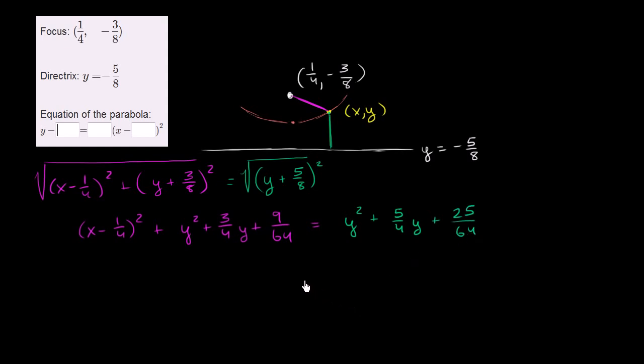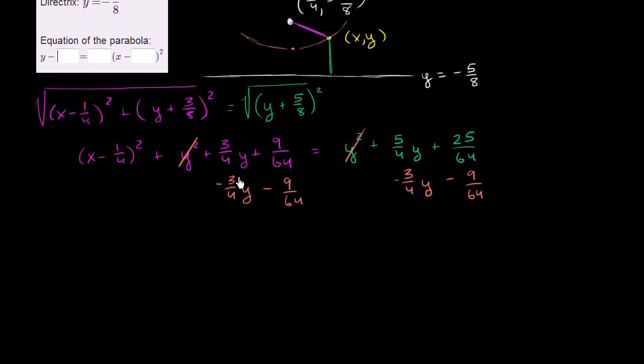Now let me see if I can simplify it. I have a y squared on both sides, so I can cancel those terms out. Let me subtract 3/4 y from both sides, and let me subtract 9/64 from both sides. So that's going to be gone, that's going to be gone.